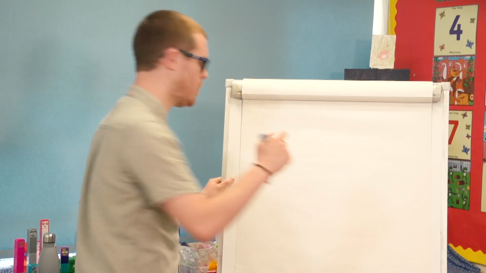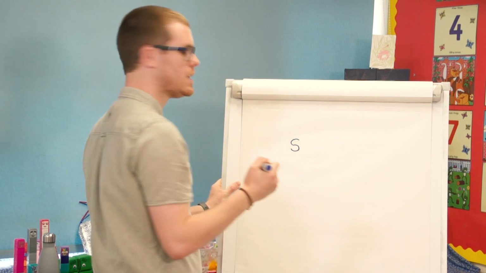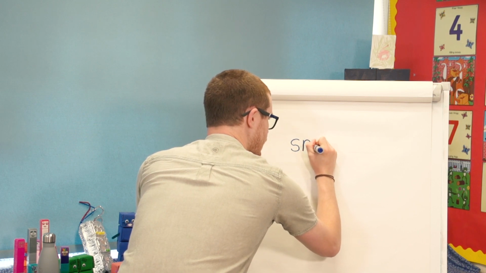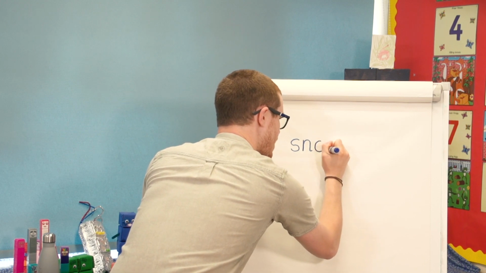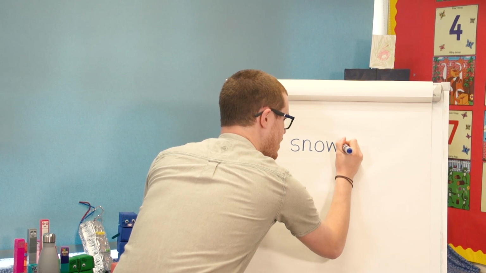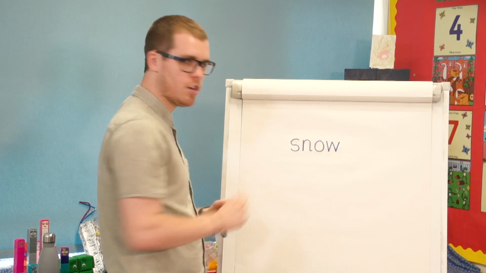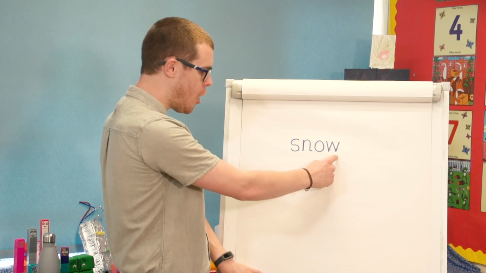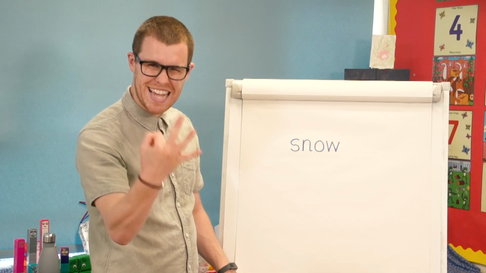Watch me write snow. S. N. O. I need to use O and W because the O sound is at the end of the word. Snow. S-N-O. 3 sounds.